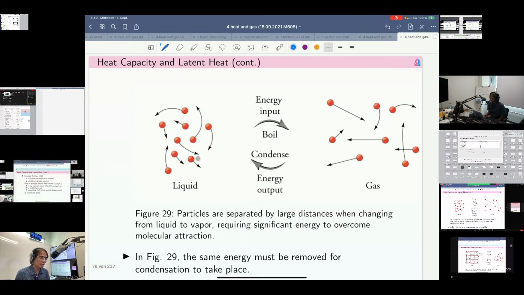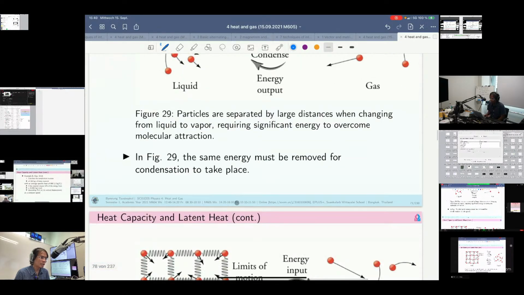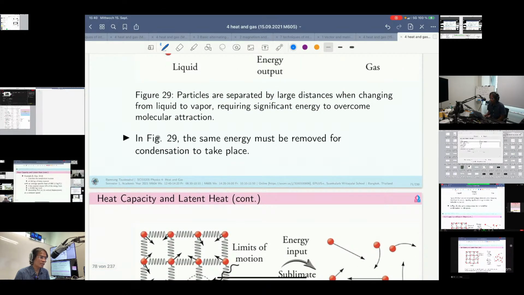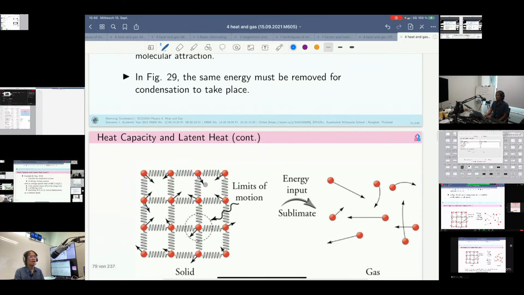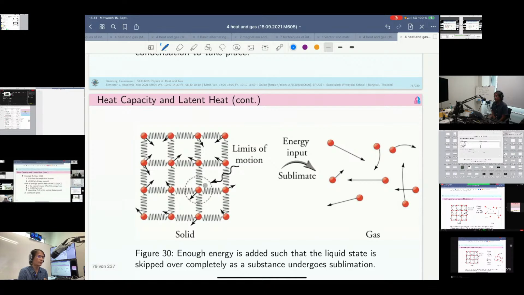This process is called the boiling process, and the reverse way is called the condensing process. The same energy must be removed for condensation to take place. And there is a special phenomenon where they skip the liquid phase.